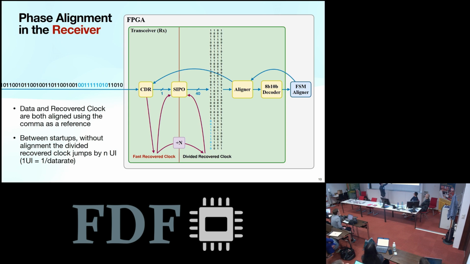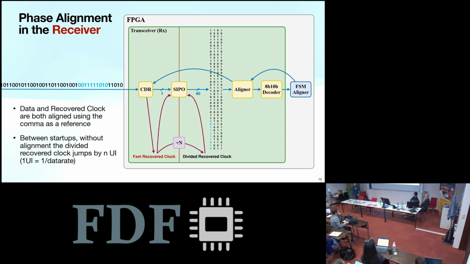In the same way, the offset of the comma in the bus will be 1 of 30 possible offsets. And this creates our problem with phase determinism, because when we start the link, we lose the phase reference from the divided recovered clock to our data stream.